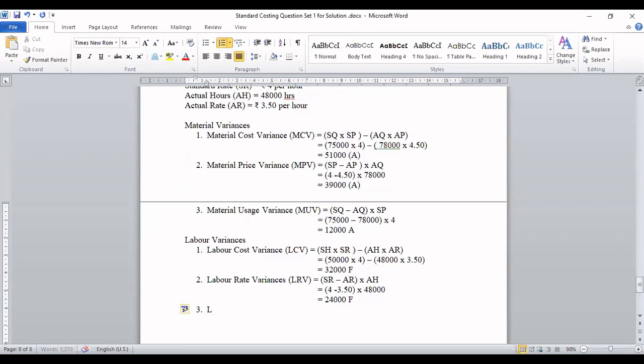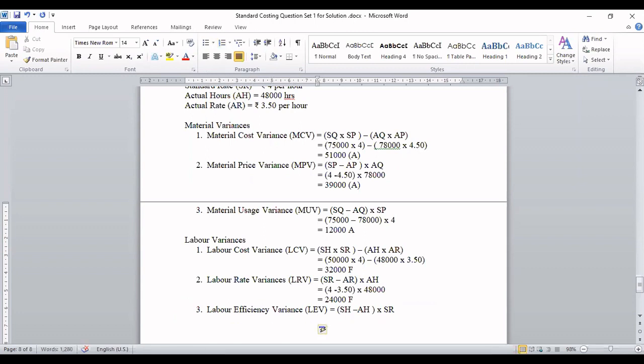Now the third one, labor efficiency variance. Tell me the formula: standard hours minus actual hours into standard rate. Is that correct?